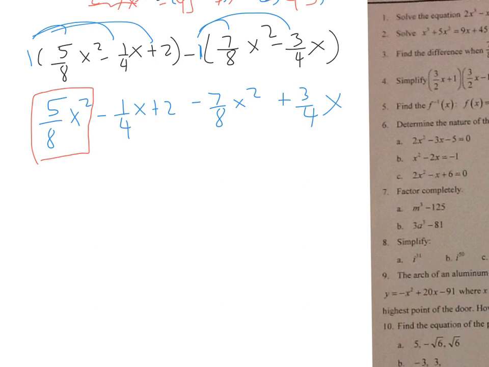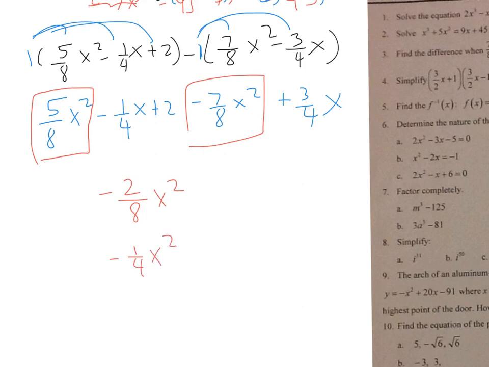I have 5/8 x squared and -7/8 x squared. When we add or subtract fractions, we need the same denominators, and they're both 8. So I add or subtract the numerators and keep the denominator. 5 minus 7 is -2 over 8 x squared, which becomes -1/4 x squared.